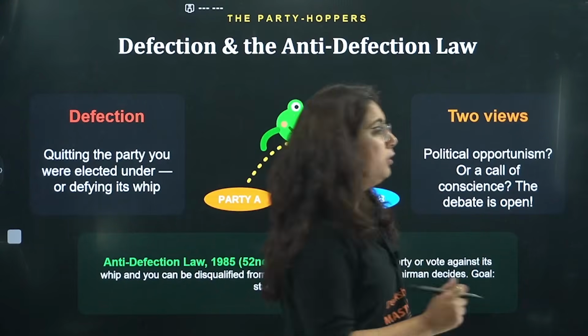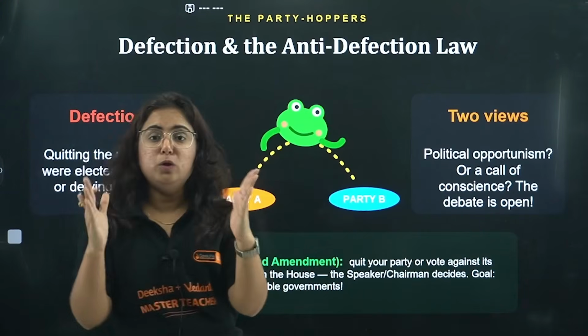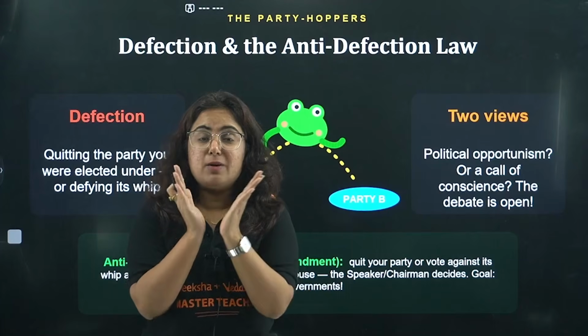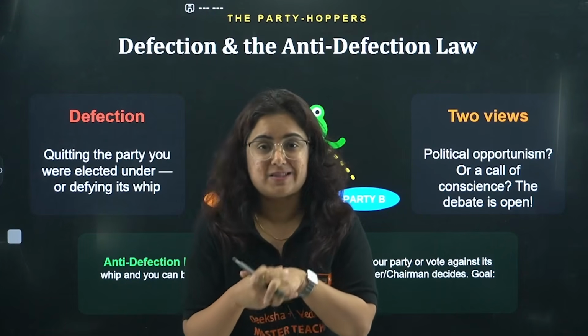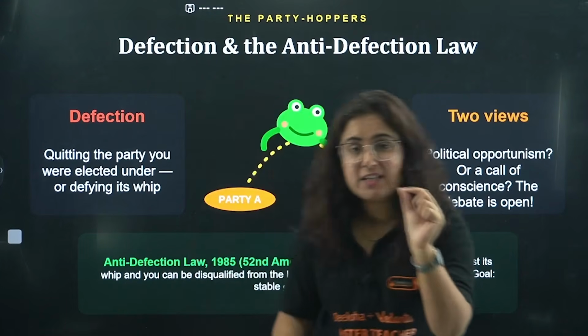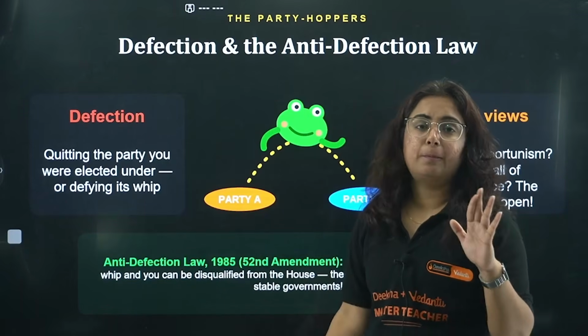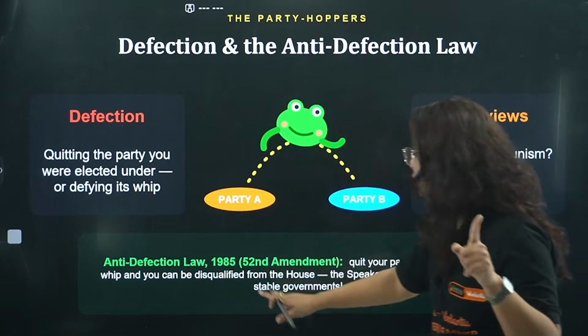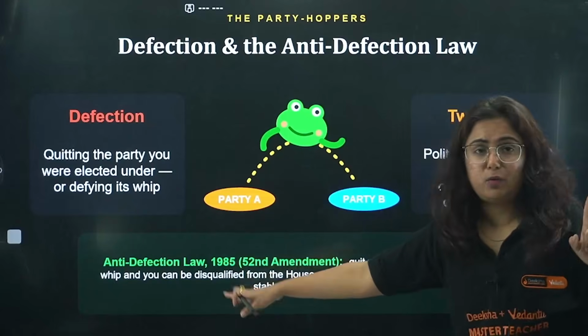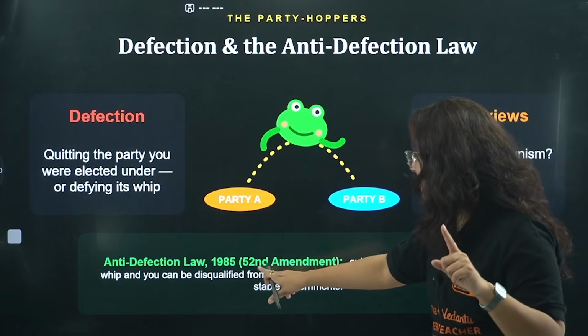The debate is always open that there are 2 views. Because the vote was given on the basis of trust, a law has been made to prevent that. That is the anti-defection law. Anti-defection law was made in 1985, and it is added in the 52nd amendment.